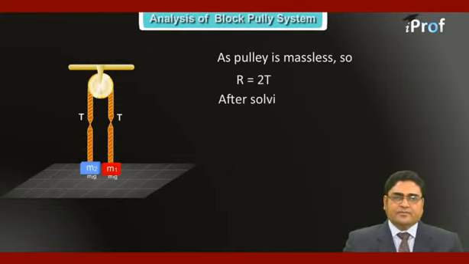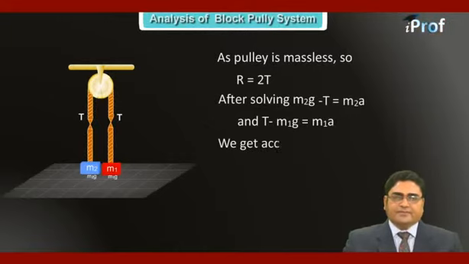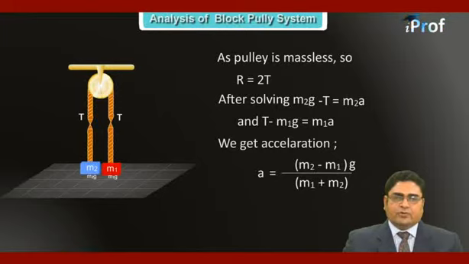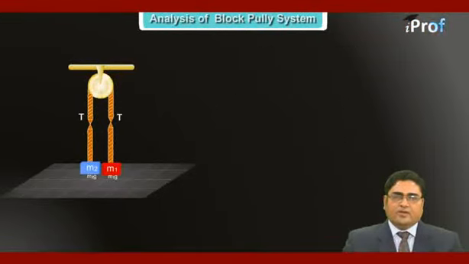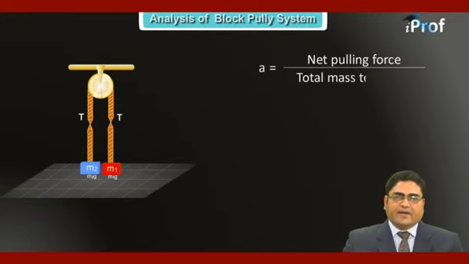After solving M2G minus T equal to M2A and T minus M1G equal to M1A, we get acceleration A equal to (M2 minus M1) upon (M1 plus M2) whole multiplied by G. We can write acceleration directly as net pulling force divided by total moving mass.